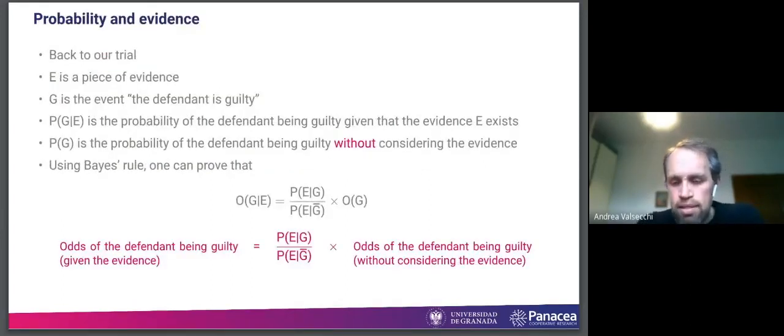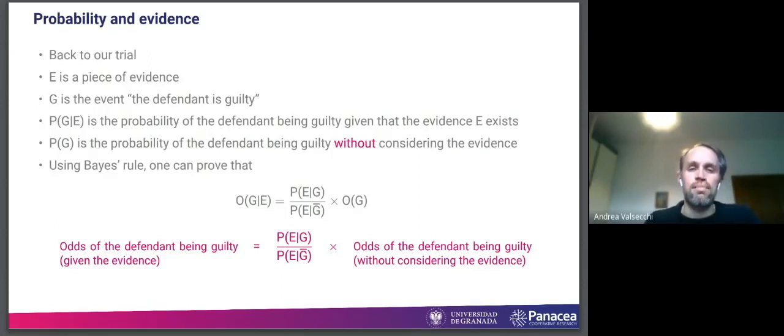Okay, let's go back to our trial. Let's call E our evidence, and let's call G the event that the defendant is guilty. Then the probability of the defendant being guilty given the evidence is going to be P of G given E in the form of conditional probabilities.